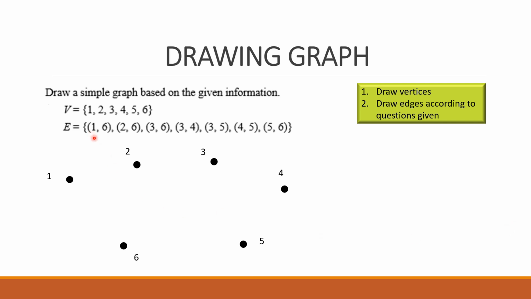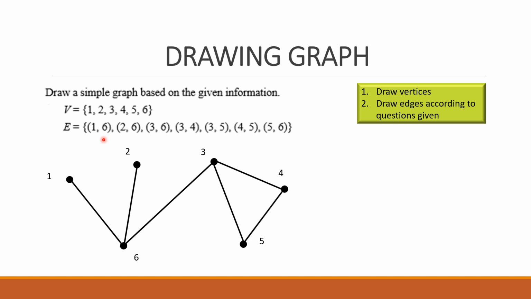So let's see, I start with 1, 6. So draw a line joining 1, 6, and then 2, 6, and then 3, 6, and then 3, 4, 3, 5, 4, 5, and 5, 6. So this is the answer for this question. And remember, in drawing the graph, this is not the only shape that you will get.